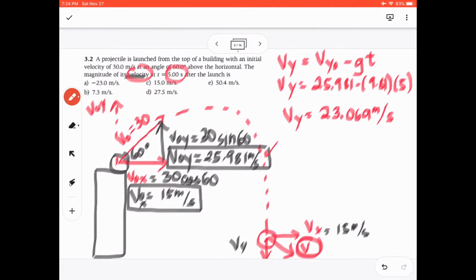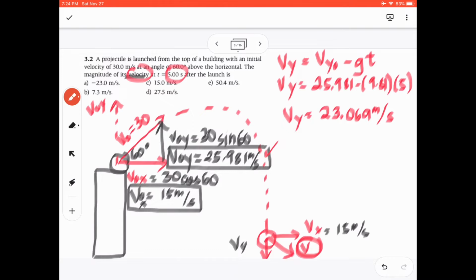Okay, now we also need Vx, but Vx is equal to Vox. If it's a projectile, Vx, the velocity along the x-axis, is constant all throughout in any of the projectile launches, whether it is horizontal projectile motion or it's projectile at an angle.